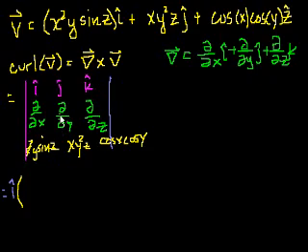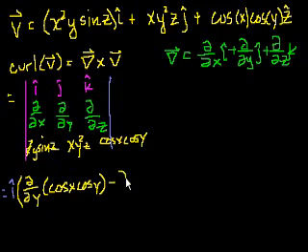If you multiply the partial with respect to y operator times an expression, since it's an operator and not an expression, you're really just going to take the partial of this with respect to y. But I'll write it down. So it's going to be the partial with respect to y of cosine x cosine y, minus the partial with respect to z of x y squared z.